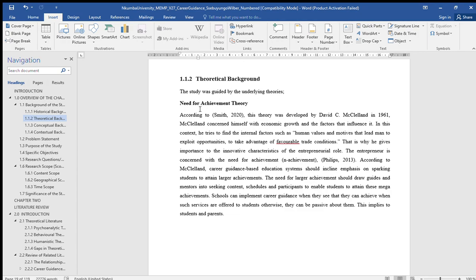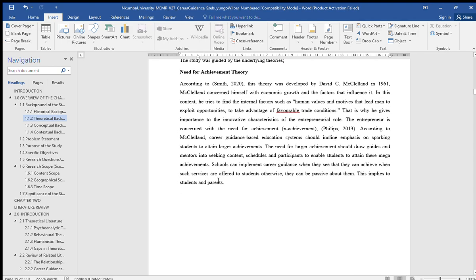Are you seeing how he's using the theory to explain that it is supporting career guidance? So that linkage should be displayed in your research. That is what we call connecting the theory, relating the theory to your study area.